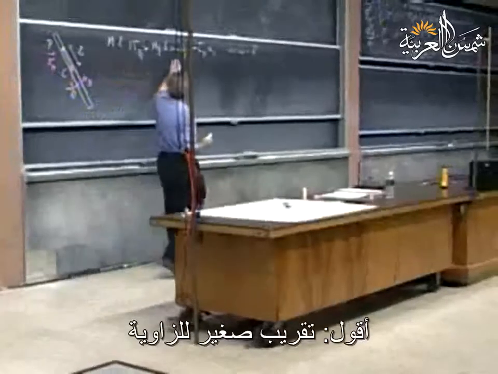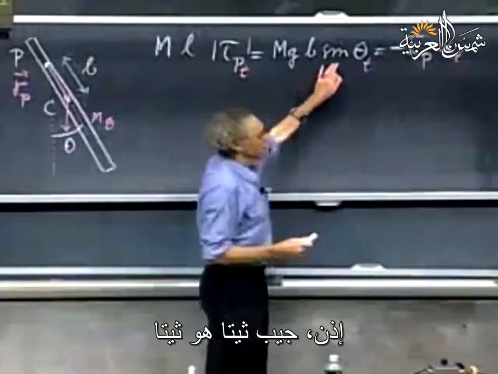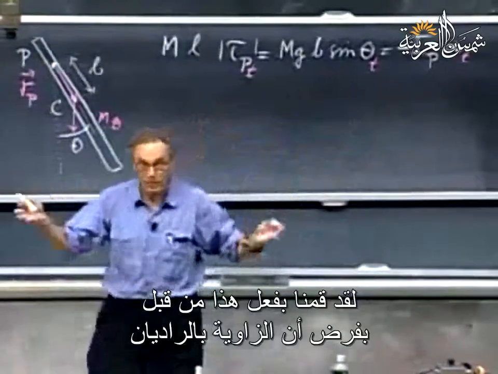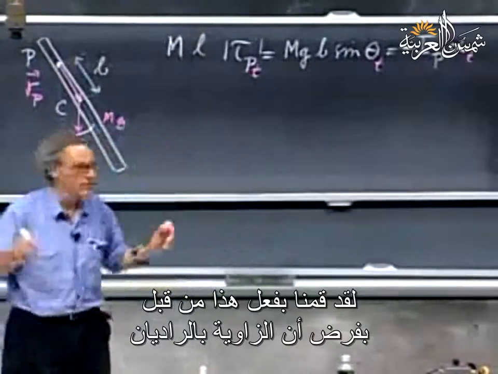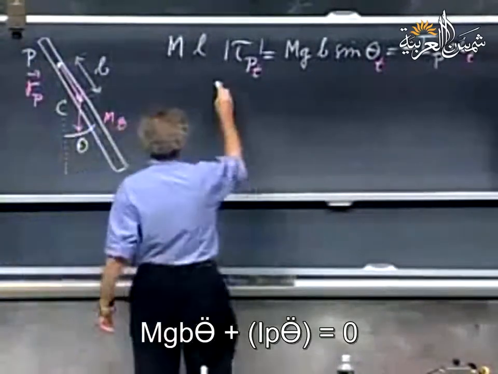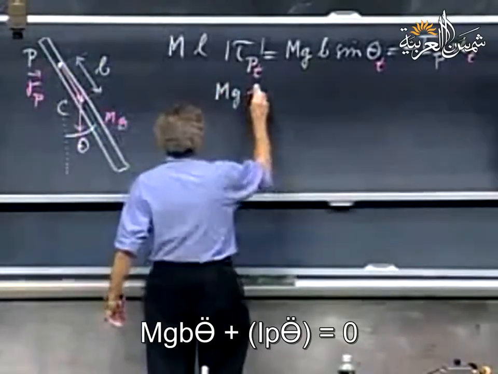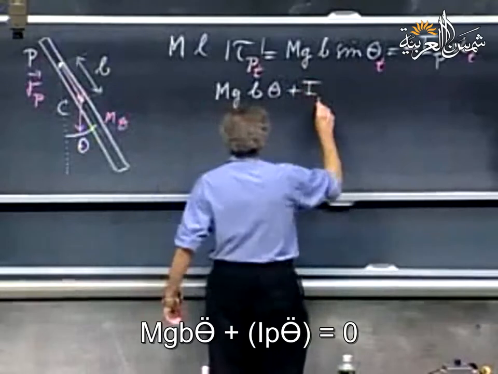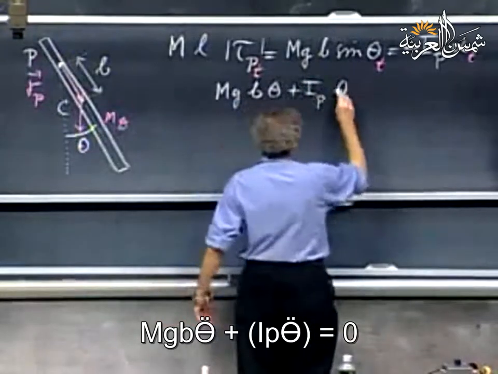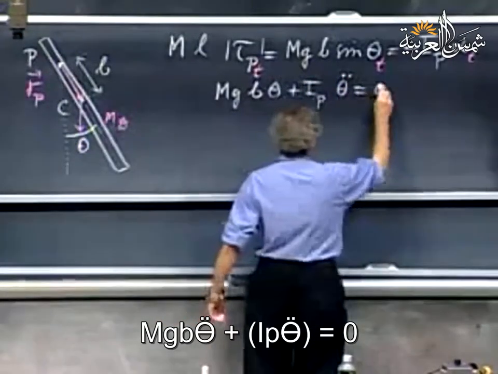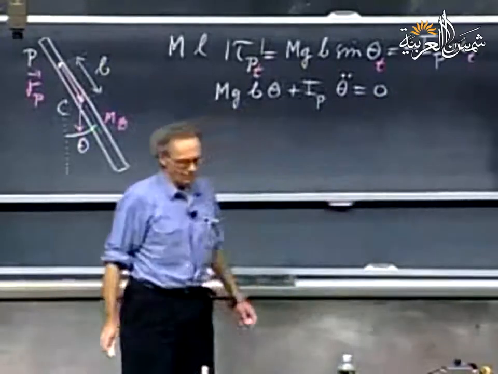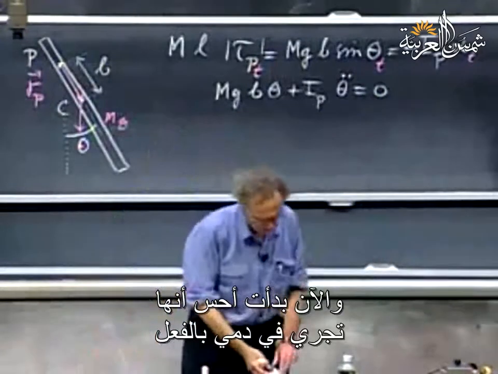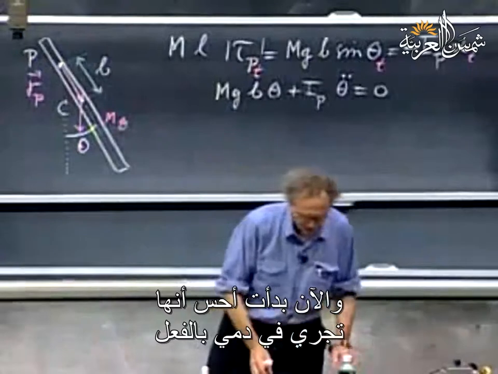I say, aha, small angle approximation, then the sine of theta is theta. We've done that before, provided the angle is in radians. And so I'm going to get that mgb theta plus I relative to P times theta double dot equals 0. And now I already begin to feel it in my bloodstream.